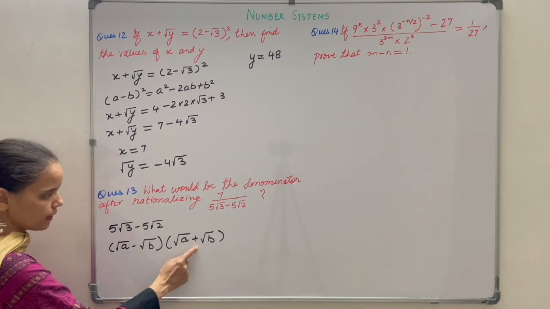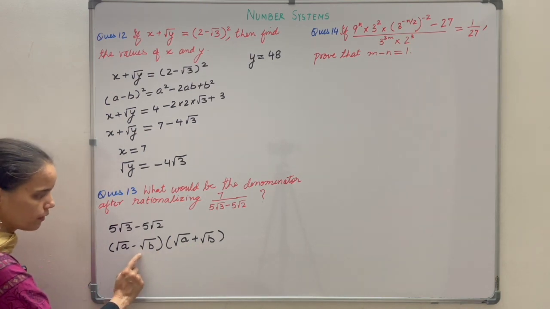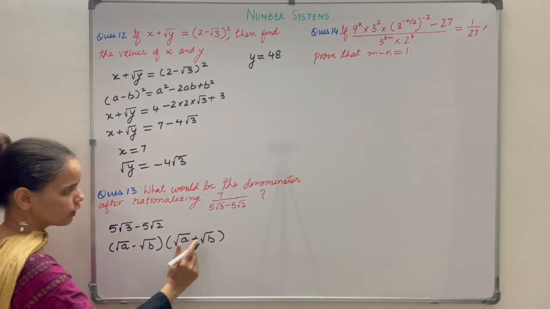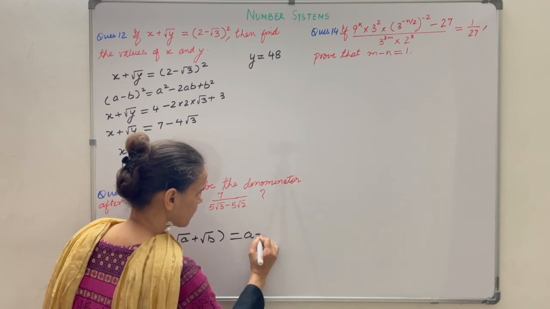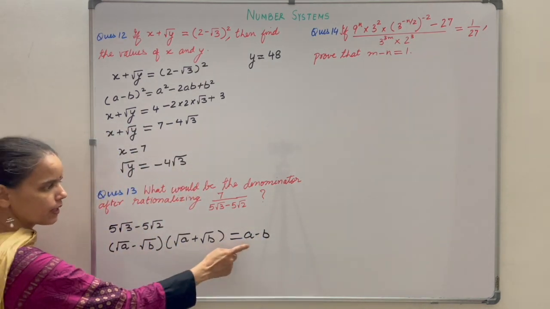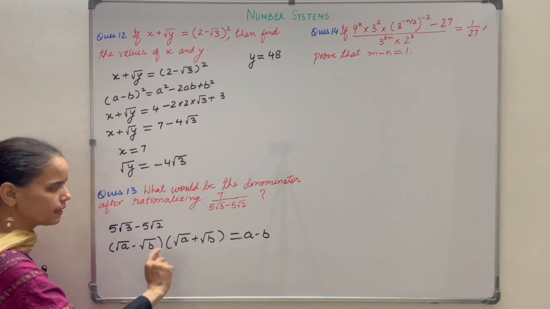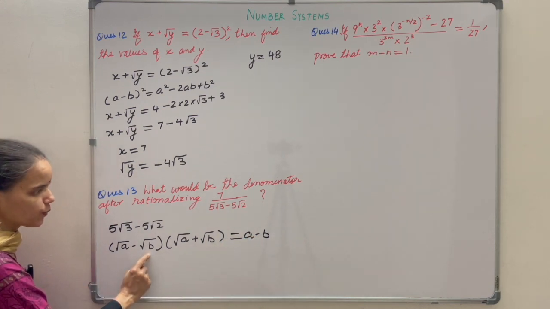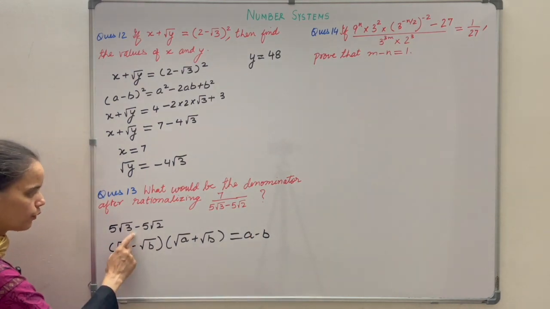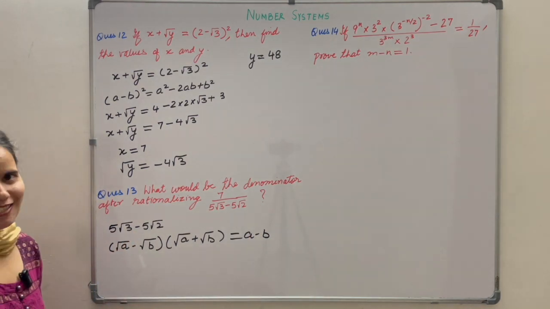Minus changes to plus. So this is the conjugate of this number. When you multiply this, what will you get? A minus b. You take the square of root a, so you get a, and we write down minus sign and then we take the square of square root of b and we get b. Same thing we will do for this one and we will rationalize it.